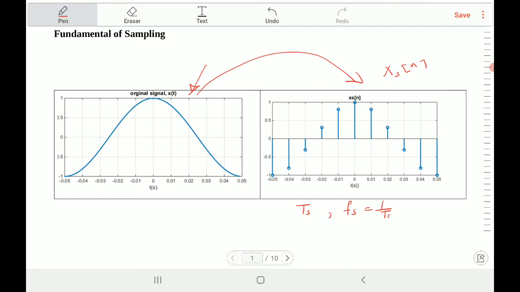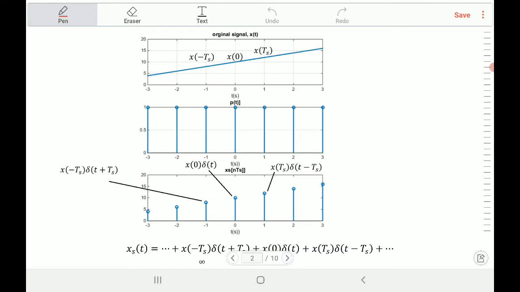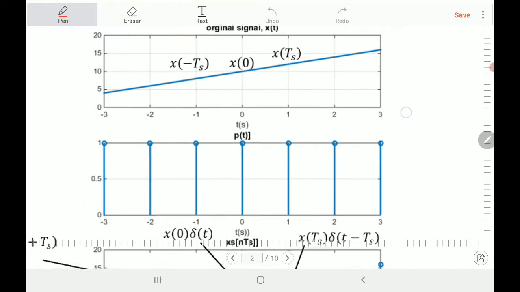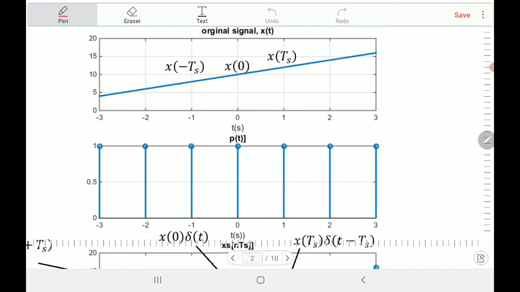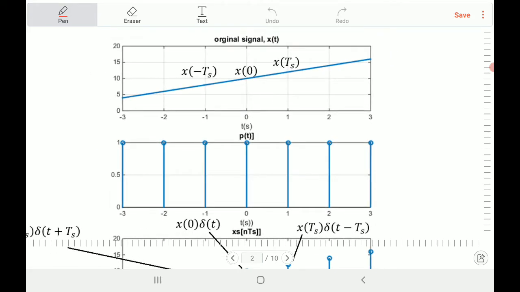Well, I will just give you a simple example here. We have a straight line, and this straight line has an equation. You can figure it out if you look at the diagram, but it's not an issue. And we want to sample this continuous straight line at every Ts. So you will find a value here and a value at -2 and -1 and 0 and so on.